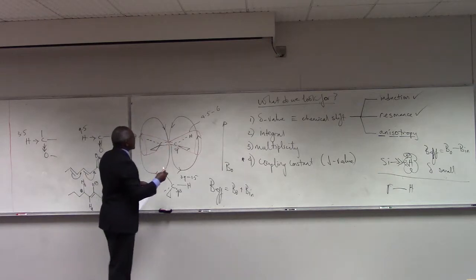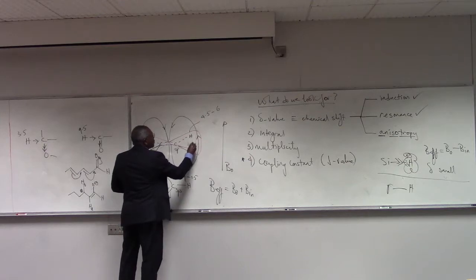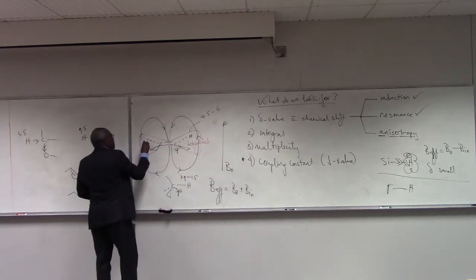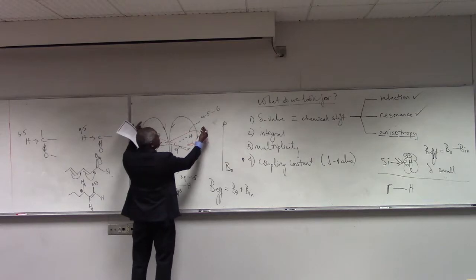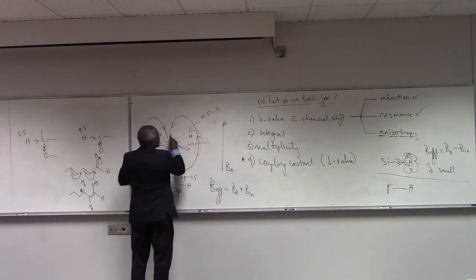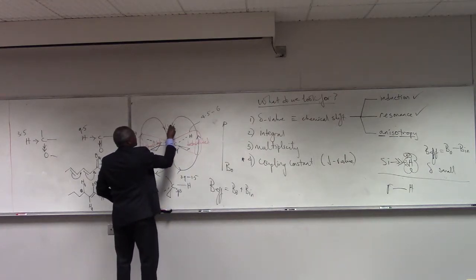So anything that is in this part is in the de-shielding cone. Right? This is de-shielded. But obviously now, when the circulation creates an induced field that acts in opposition, these are what's called a shielded cone.